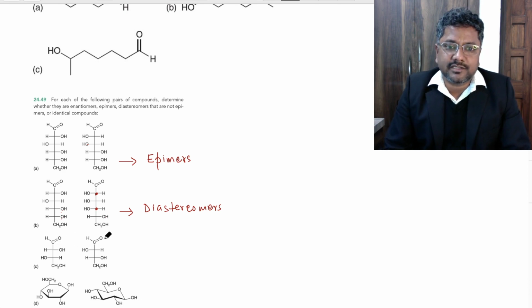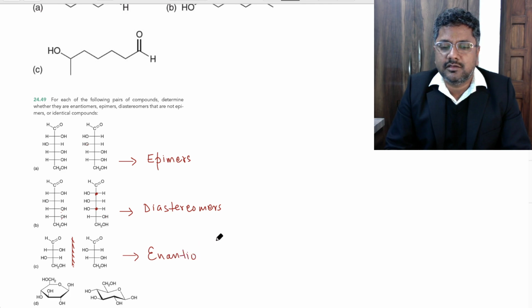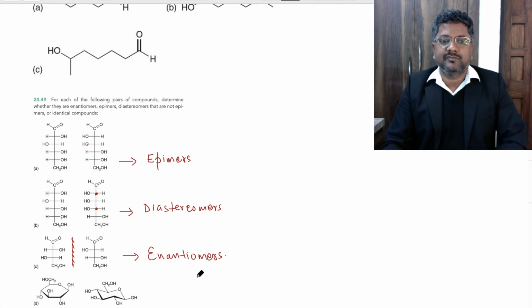Now see this compound, CHO, CHO, OH this side, OH this side, OH this side. If you put a mirror here, you will find that these are mirror images which are non-superimposable. So definitely they are enantiomers. Right.